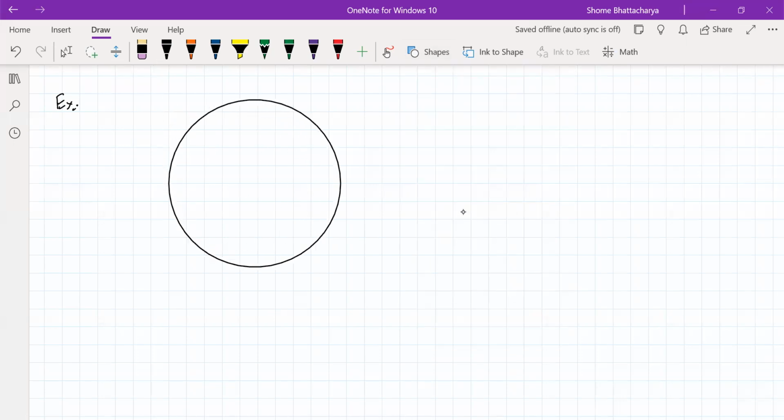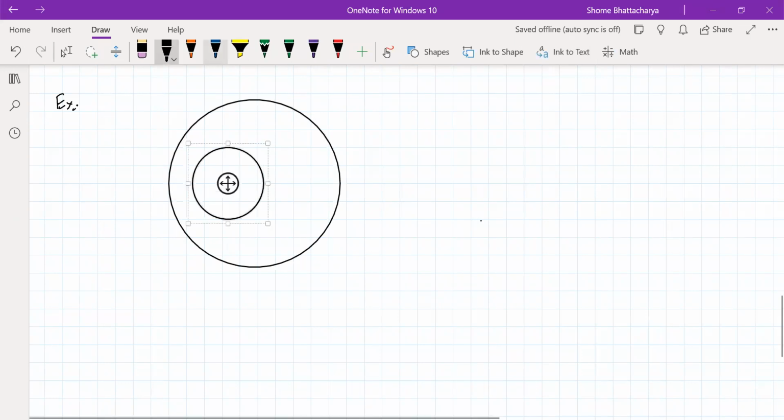Okay, so in this example, what we have is to begin with a solid, thin disk like this. But from that thin disk, what we are doing is cutting a round hole into it.